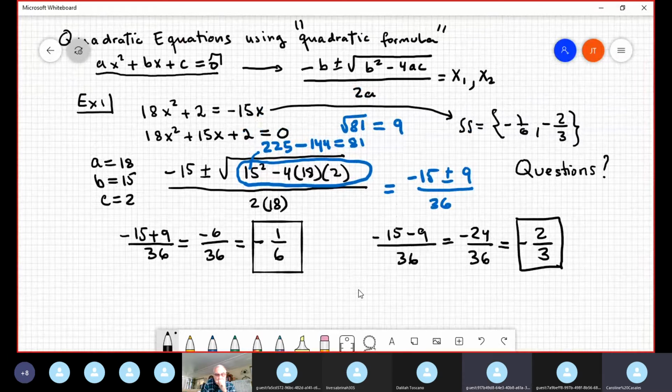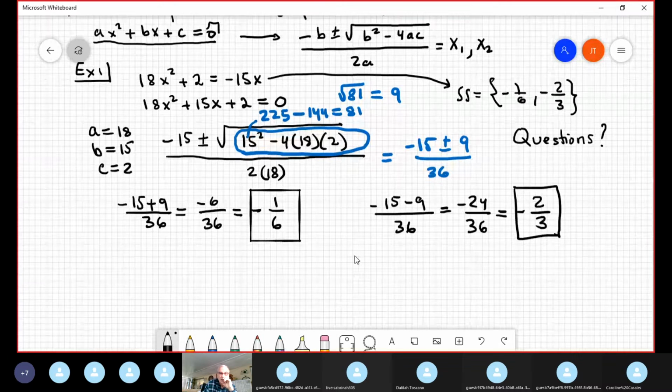For the 81, when you put it on top, why do you have to do the square root? Because the formula contains a square root. So basically, look at the formula.